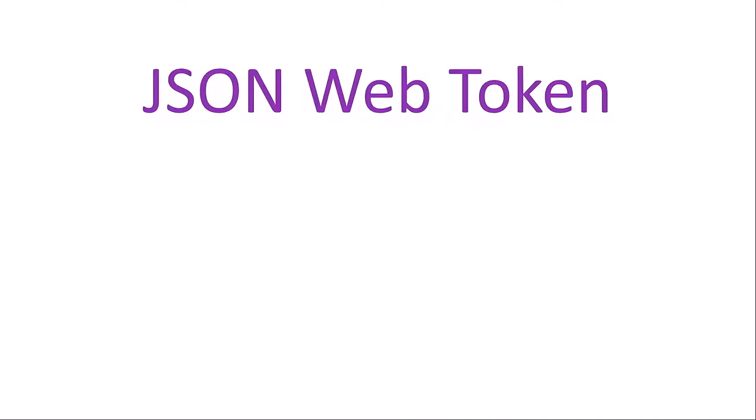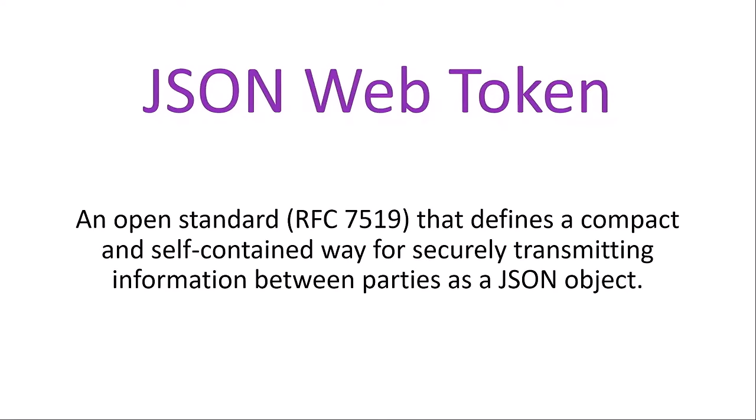And JWT, or the JSON Web Token, per definition, is an open standard that defines a compact and self-contained way for securely transmitting information between parties as a JSON object. Now, before we move to the next part, let us have a look at the JWT structure.